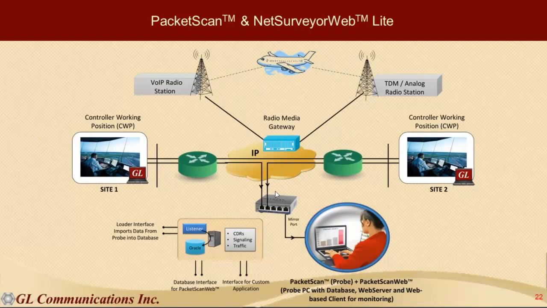Packet Scan can capture all this traffic non-intrusively through a switch with a mirror port, process the frames, measure voice quality statistics on all the calls, and send call detail records to a database server. Later, the web-based application NetSurvey Web can query this database and display all the call detail records and also the reports, both real-time and historical analysis.